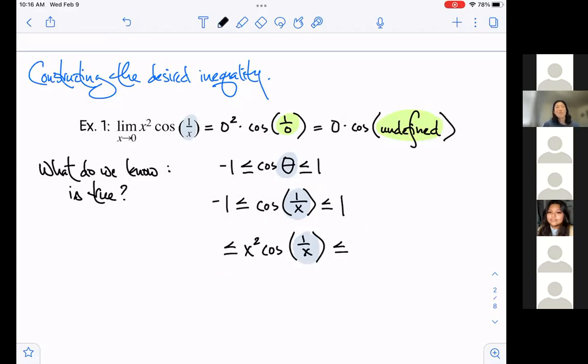You remember that rule where if you do one thing to one side of the equation, you have to do it to the other side of the equation, right? If you're going to add 2 to one side, you better add 2 to the other side. It's the same story here, except if we're going to multiply this by x squared, we need to multiply everything by x squared. So 1 times x squared will give me x squared on the right, and negative 1 times x squared will give me negative x squared on the left.